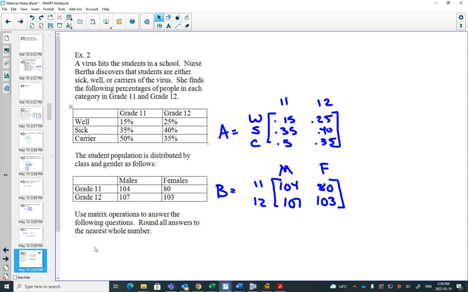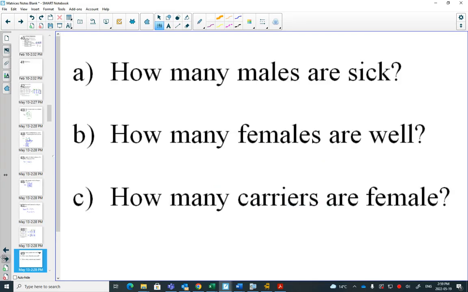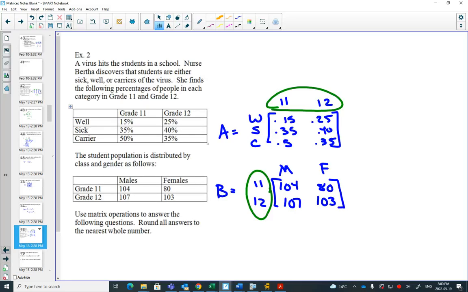So some things that we notice here. This matches up with that. That's going to be important, and they're in the same order. So when you get to question B, say, how many males are sick? How many females are well? It would sure be nice if we had something that related males to being well and females to being sick and so forth.